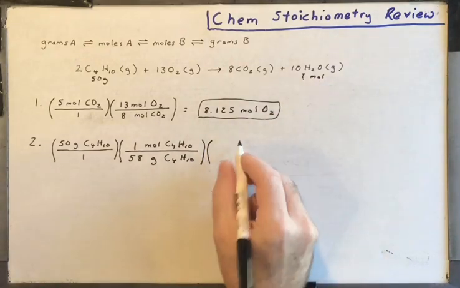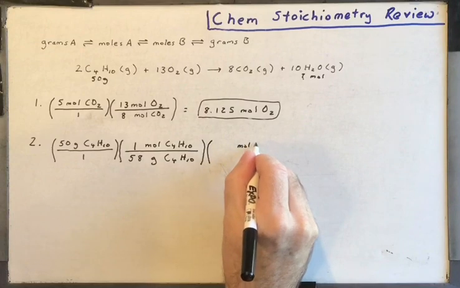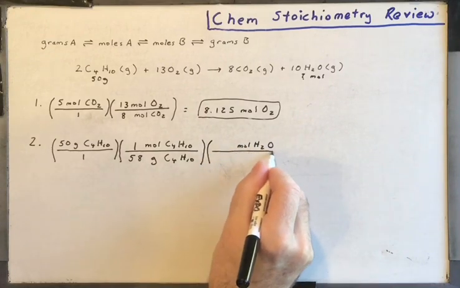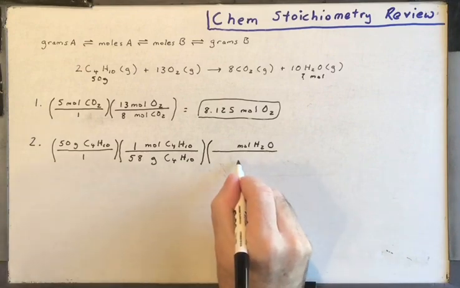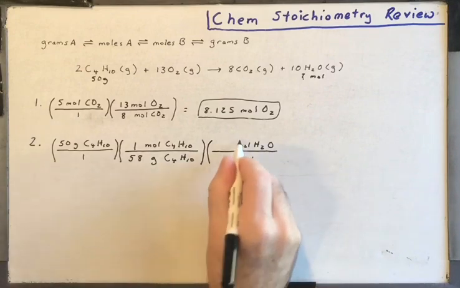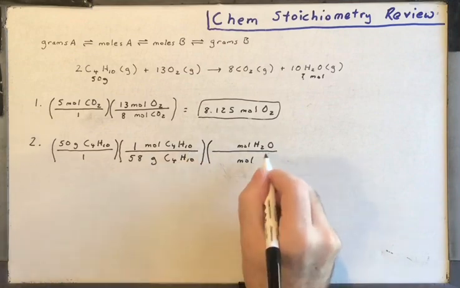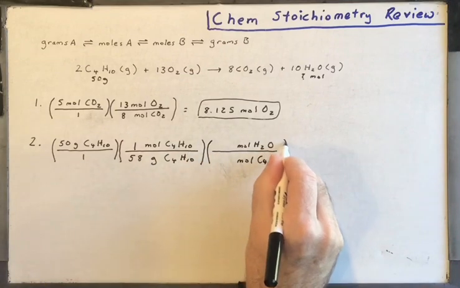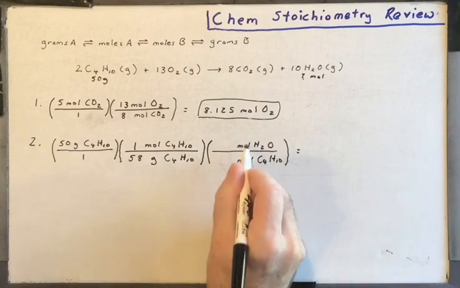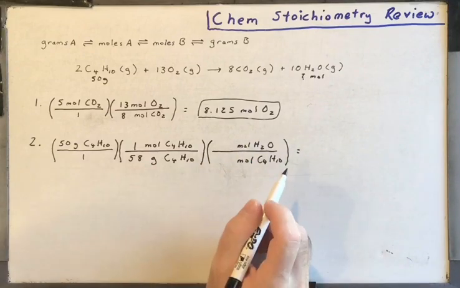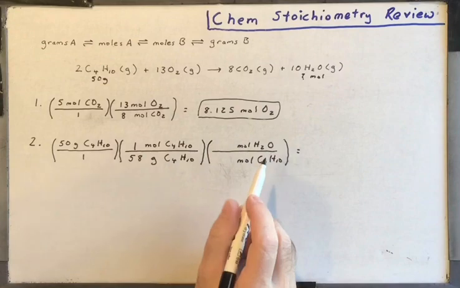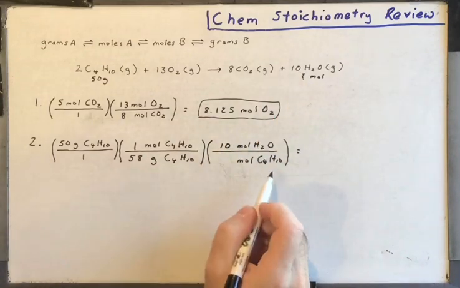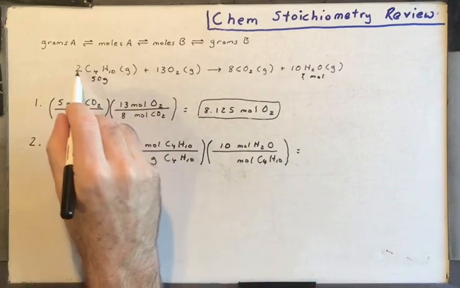We need to go to moles of water. All right, and I need to get rid of, up to the left, moles of C4H10. Anytime you got moles and moles, that's the stoichiometry. That's where you use the coefficients. The coefficient in front of water is 10. The coefficient in front of C4H10 is 2.